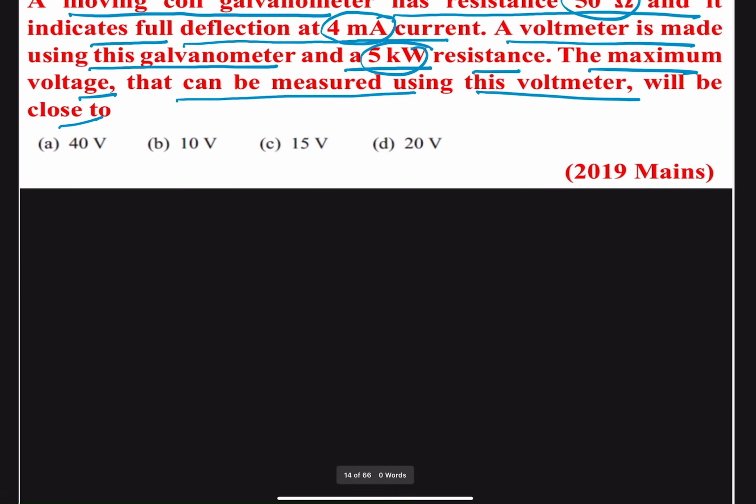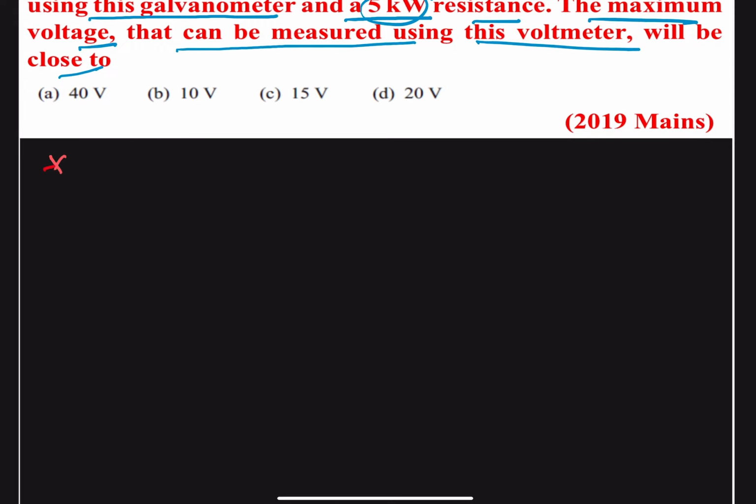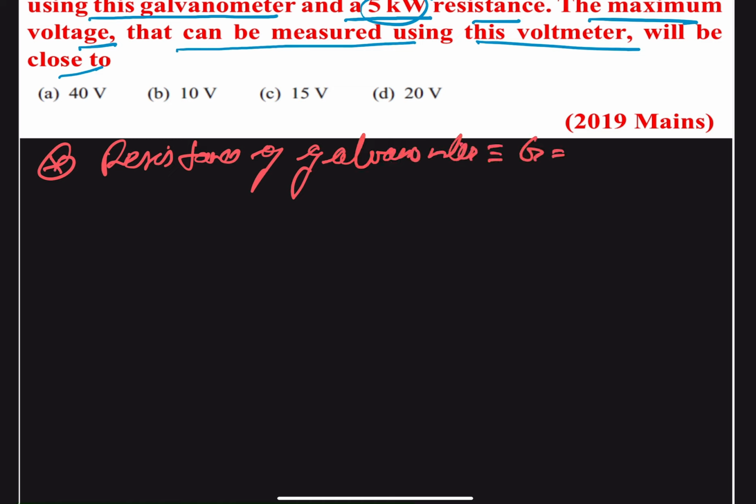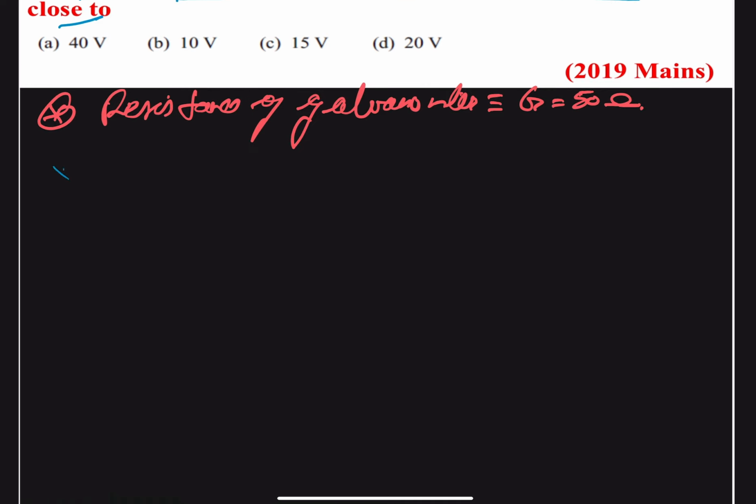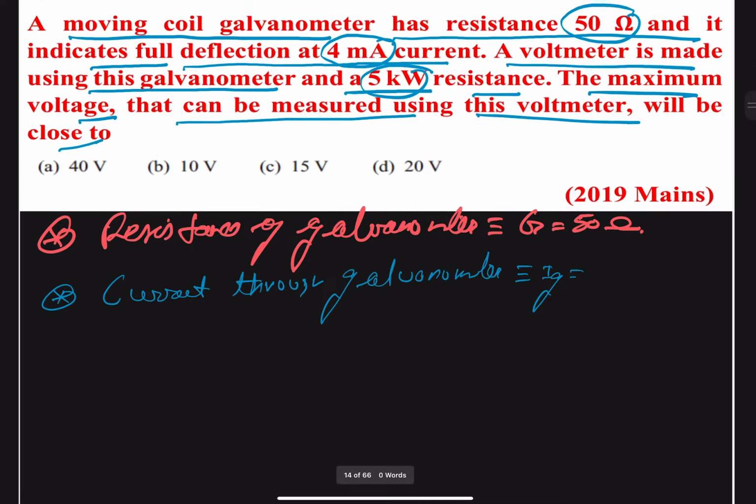So we can say the resistance of the galvanometer, that is G, is given as 50 ohm, and the current through the galvanometer, which is the full scale deflection current Ig, is given as 4 milliampere.